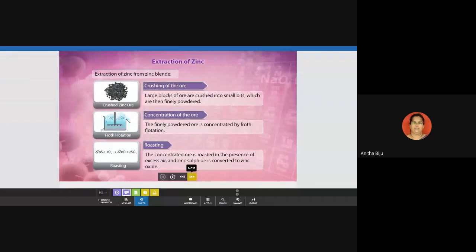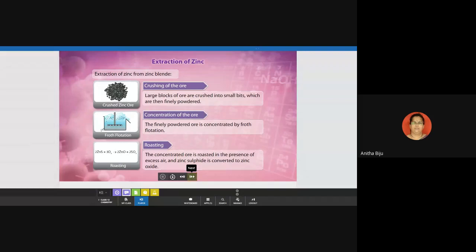So this is the first stage. Whenever a question related to extraction comes, you need to write the answer in points. All the stages must be there, then only you will get full marks. The first point is concentration of the ore. Before that, there is a preliminary process, called crushing and pulverization.